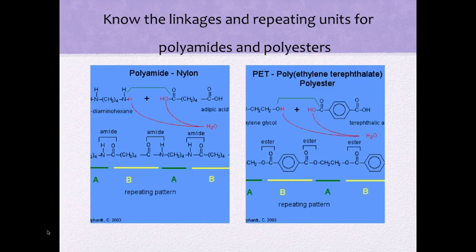I can describe those repeating patterns, but I think it is easier for you to look at the AB patterns for both polyamide nylon and ethylene terephthalate polyester. Remember, the repeating patterns are AB in both of the two polyamides and polyesters. Pause the video, take a look, and then continue with the video.